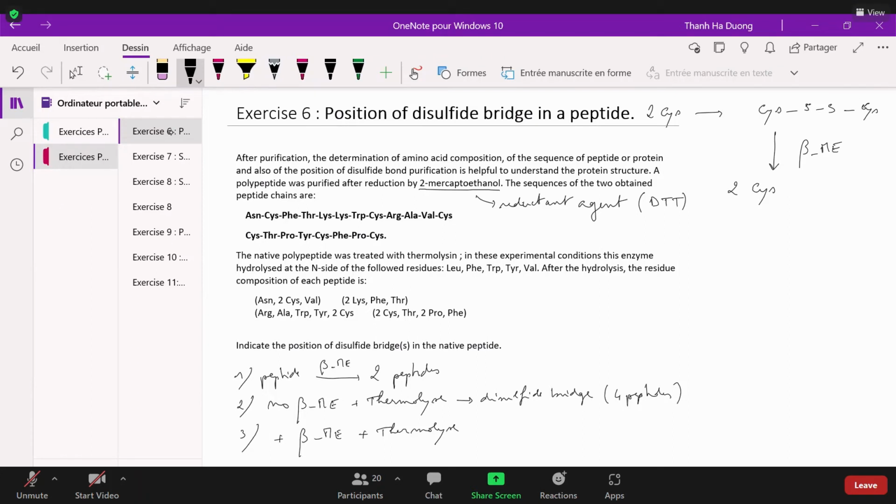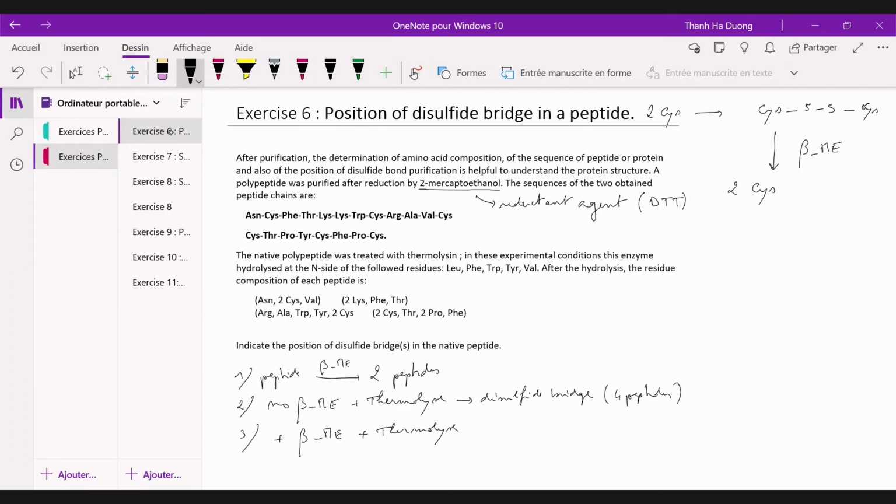If we did the same experiment, so the third one, with mercaptoethanol and thermolysin, it means that we will obtain the 2 peptides, but with the help of thermolysin, we will cut this peptide on the inside, before leucine, phenylalanine, tryptophan, tyrosine, and valine.